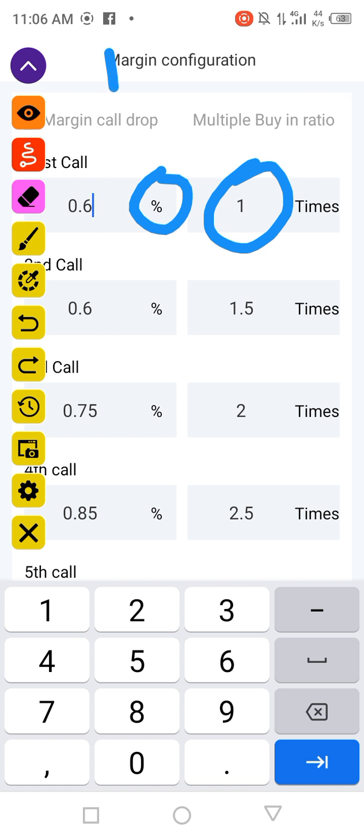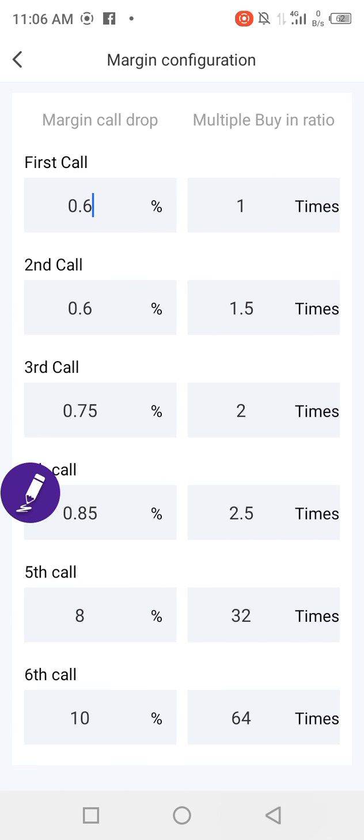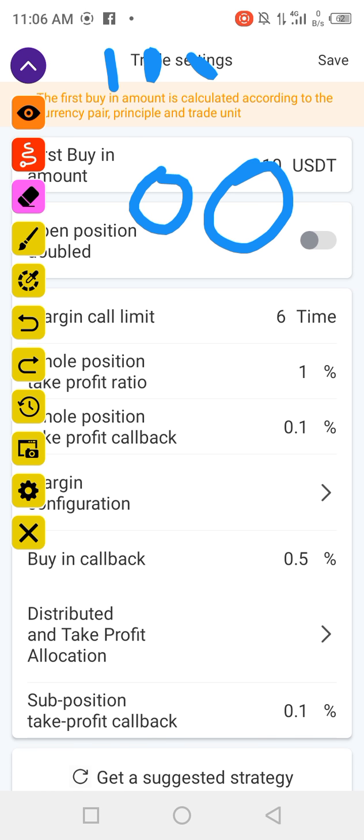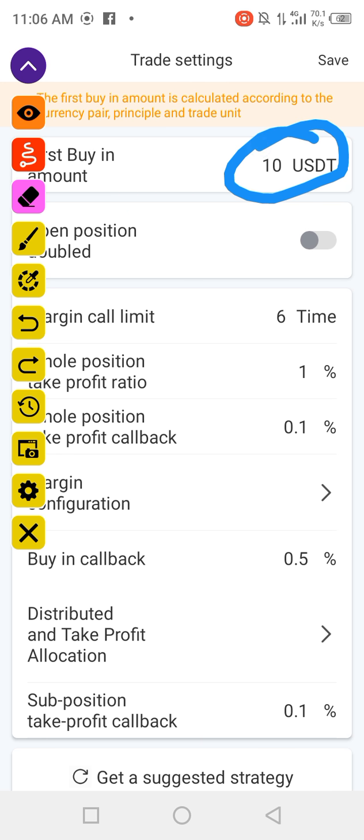Remember, we are considering $100 here. It is buy one time for me. That is one time means 1 times 10, because we have set $10 as initial buy in.